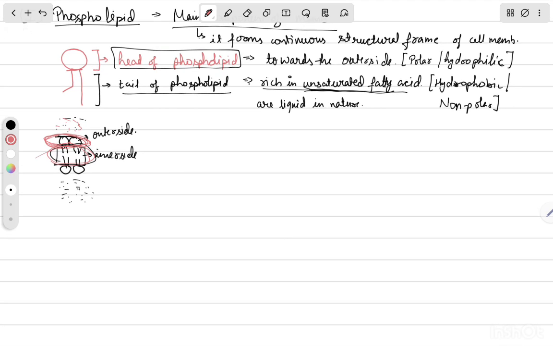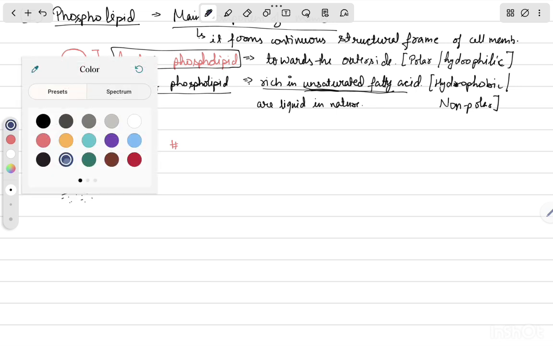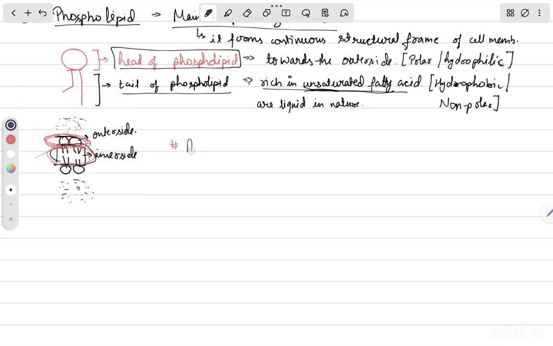Understand? So now we will discuss one important term, that is amphipathic molecule. Now what do you understand by amphipathic molecule?